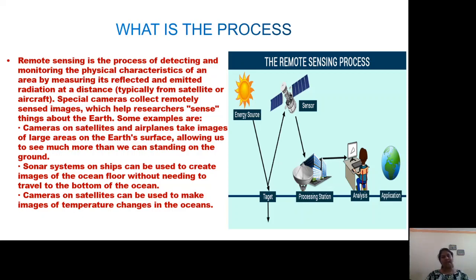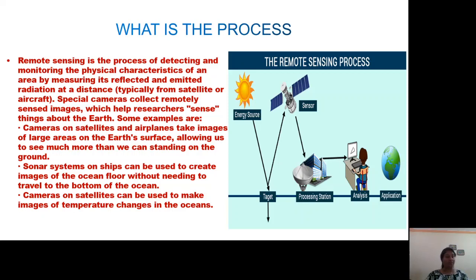Monitoring physical characteristics of an area is done by measuring its reflected and emitted radiations at a distance, whose images are captured by cameras, called remote sensed images. The sensor senses the change in parameters like light, sound, temperature, and helps in creating the image captured by the camera.